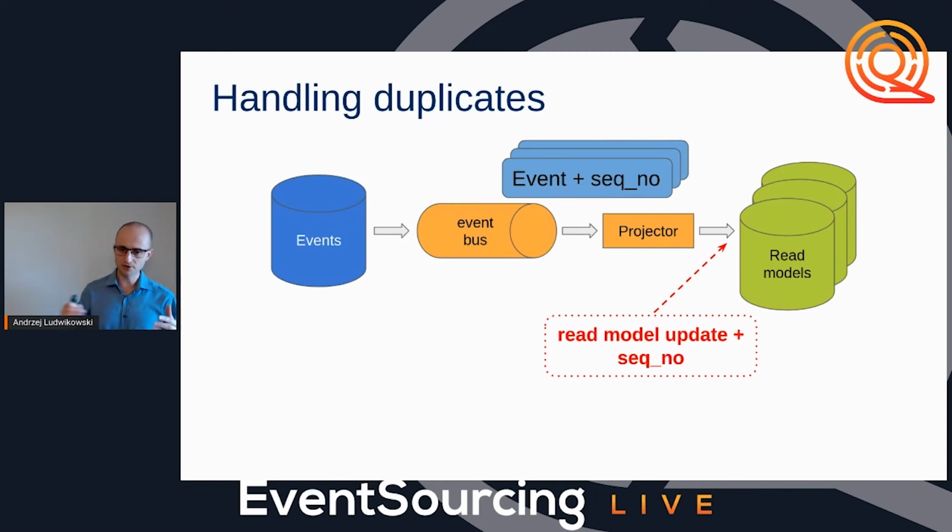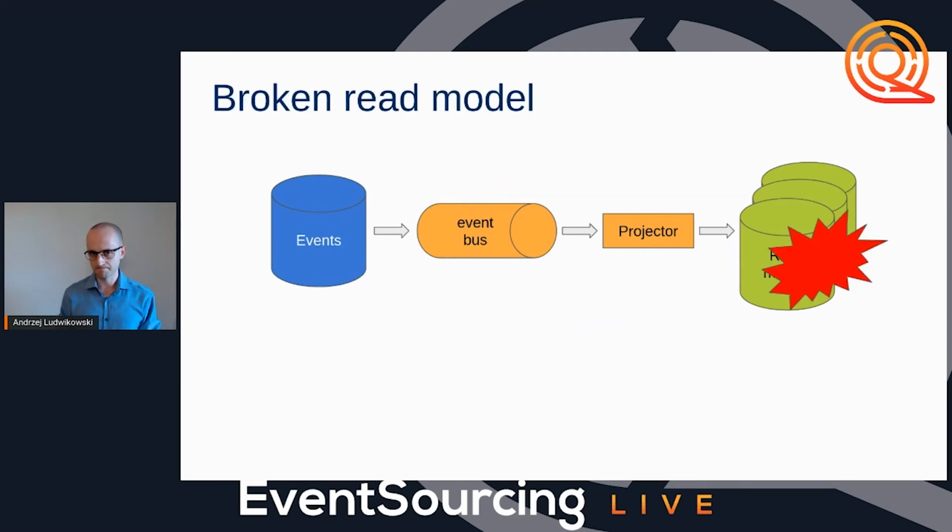So store your read model together with the sequence number, and then if you use the same sequence number, this transaction will fail. Also, you can check if the sequence number you are processing is +1. If it's +1, then you can process it. If it's 0 or -1, this is a duplicate, you can skip it. So that's the solution.